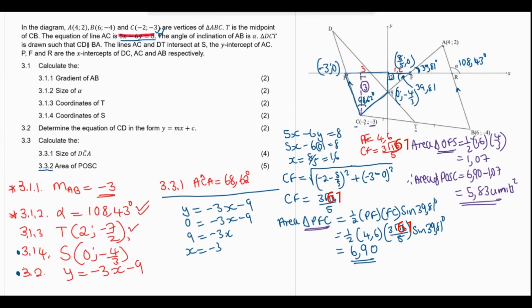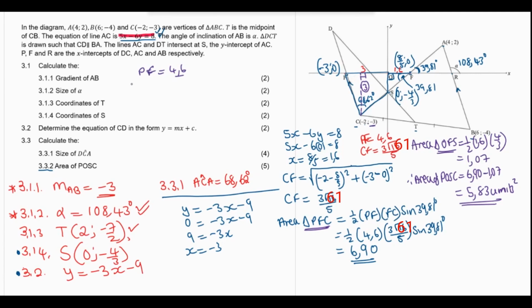And then the base is going to be PF. The whole PF, we said, is 3 plus 1,6, meaning that PF is equal to 4,6.